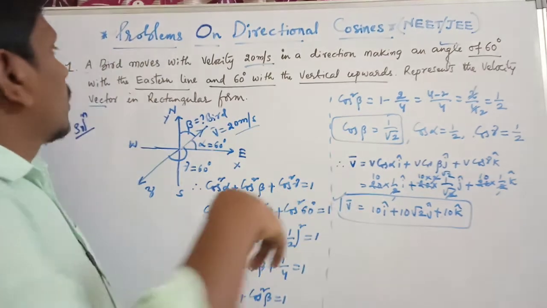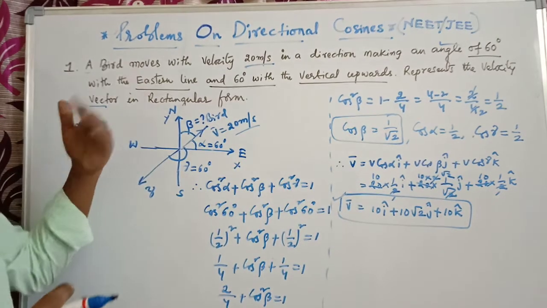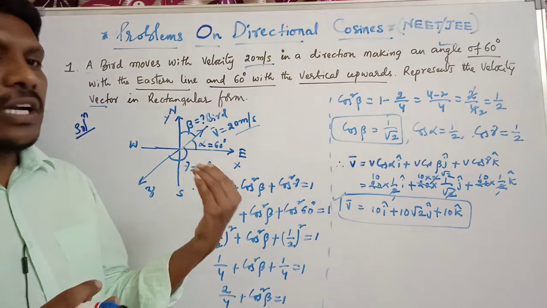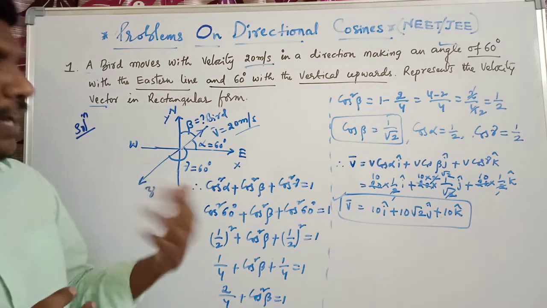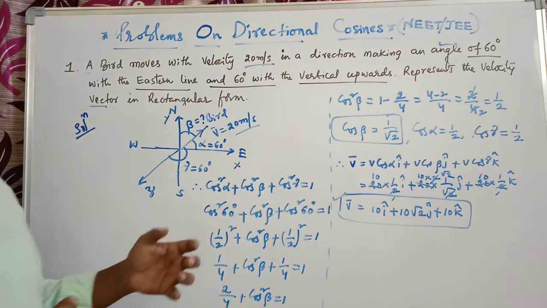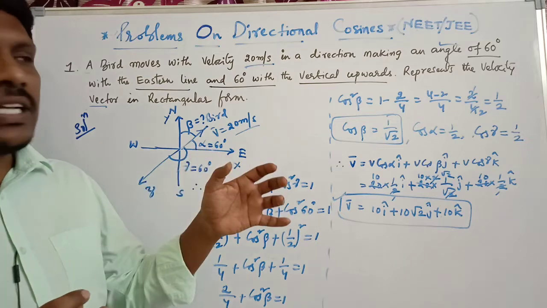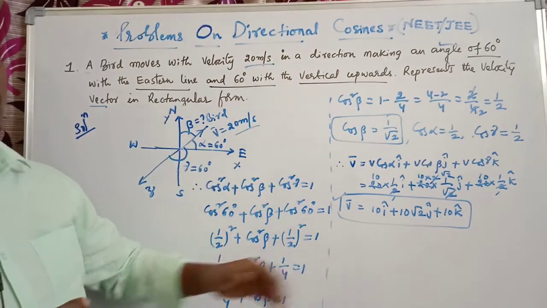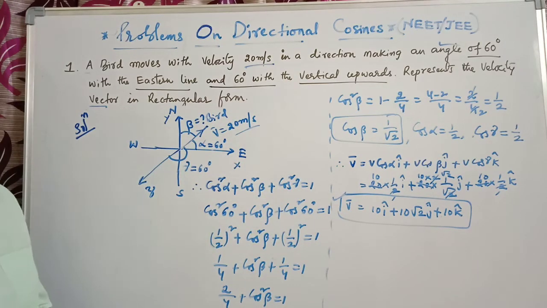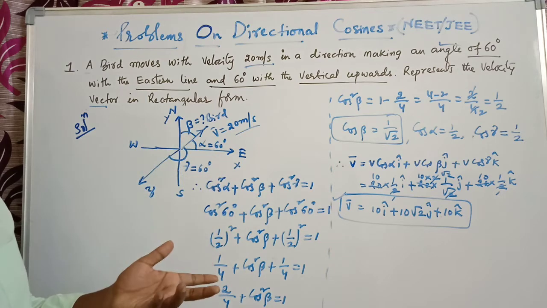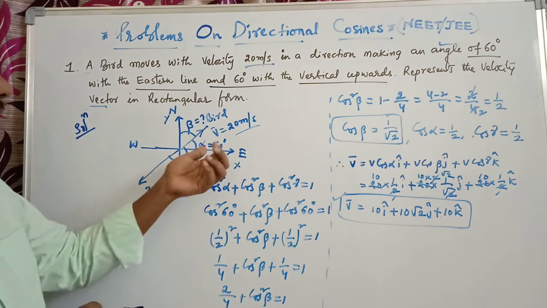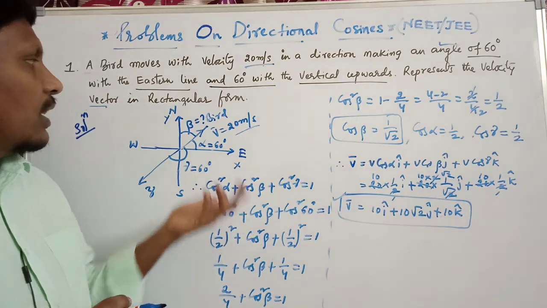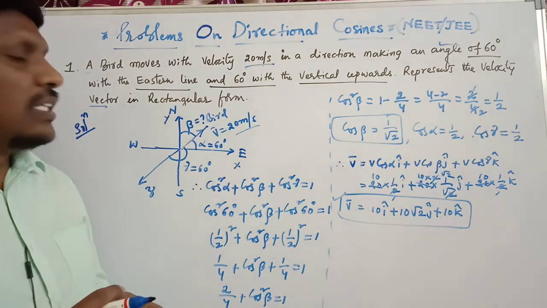So not only a bird, whatever animals or aeroplanes are flying in space, the same process we will follow in many problems. If alpha and beta are given, we can find gamma. If alpha and gamma are given, then we can find the beta value.